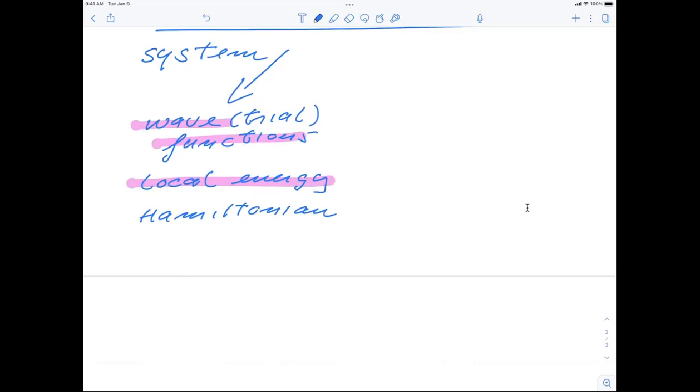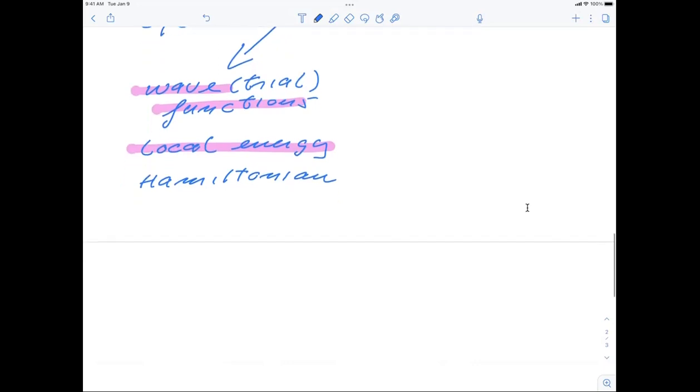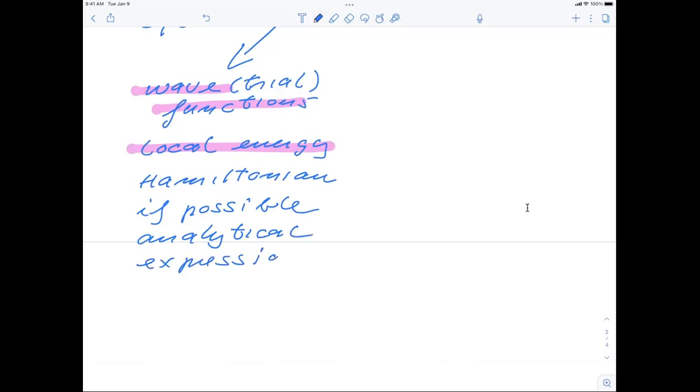And if this is possible, one of the things you should think of is to define this in terms of an analytical expression for E_L, the local energy, the trial wave function, psi of t, and their derivatives.